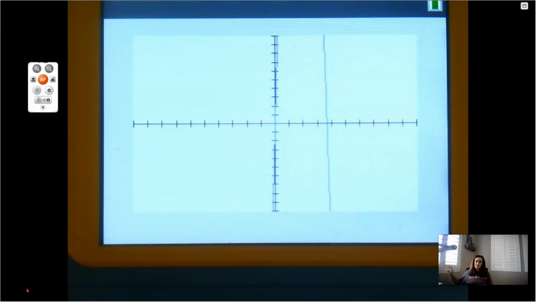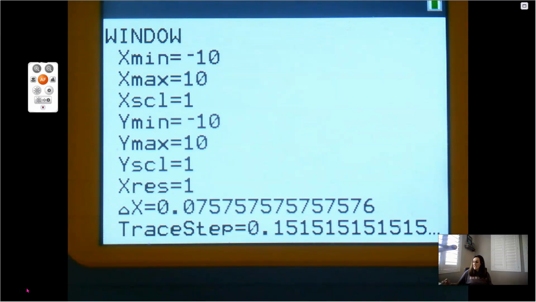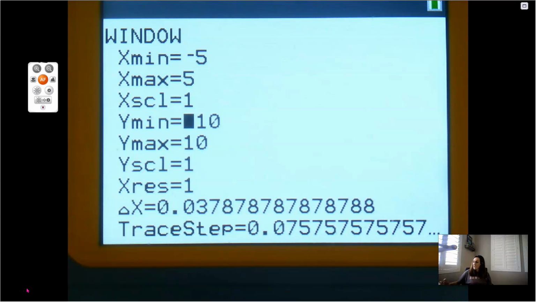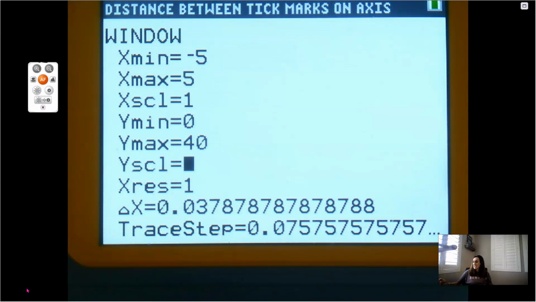So what I'm going to do instead is fix my window. I'm going to go to Window, and I might go from 0, or you could even put -5. And the maximum, maybe you want to go to 5. And Y values, we're going to go from 0, maybe up to 40 feet, and let's count by 5s.